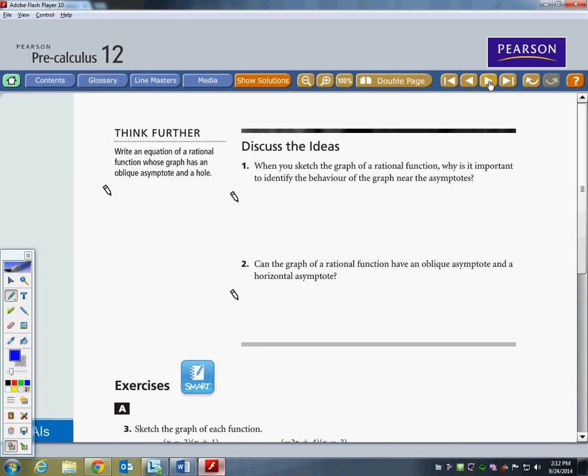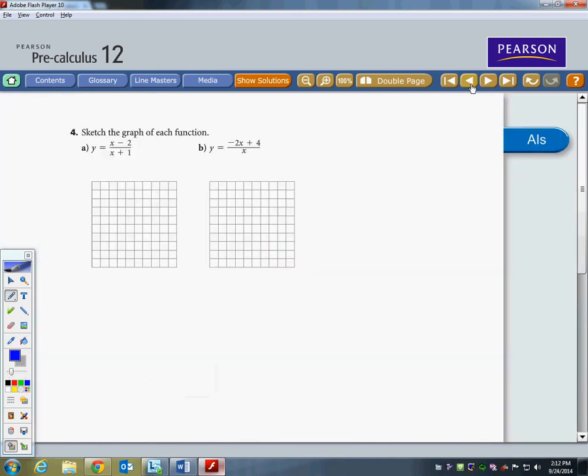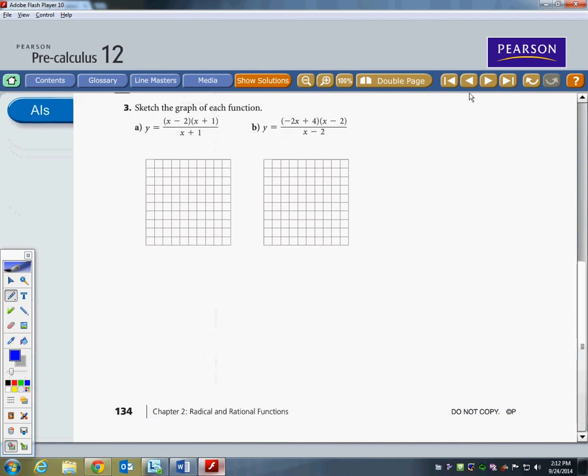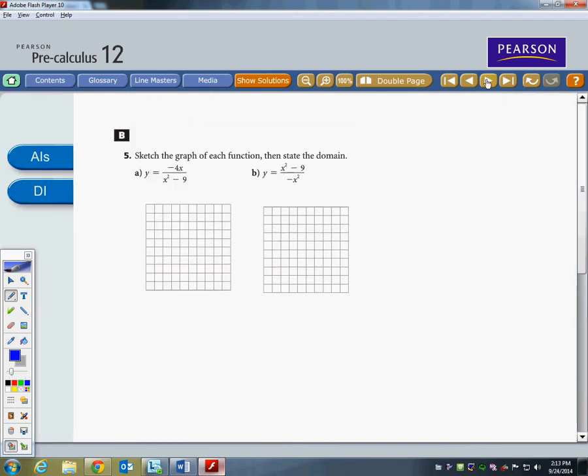So you can do questions 3 to the end of the A and B section, except for, I'm just looking here, I believe that 3D, no, is it 3? No, it's 5D, pardon me. So 5D you don't have to do because that's going to give you an oblique asymptote.